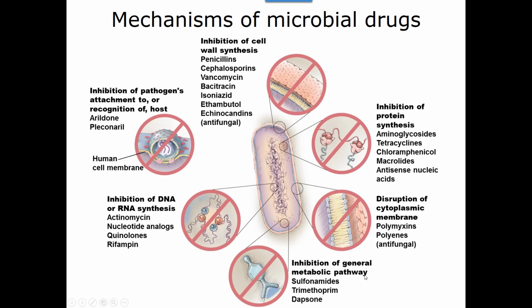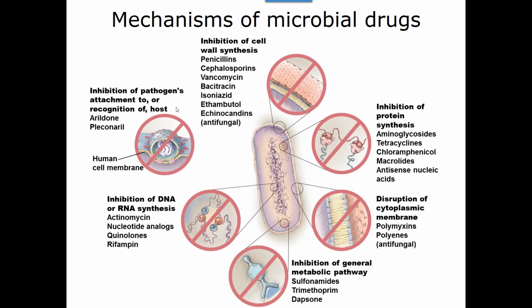Some inhibit the making of DNA or RNA. And some inhibit a pathogen's attachment to or recognition of a host. Because for a lot of organisms, if they can't attach to a specific host cell, they can't get in, and if they can't get in, they're not going to cause any issues. So there are different ways we're targeting organisms and how to kill them.